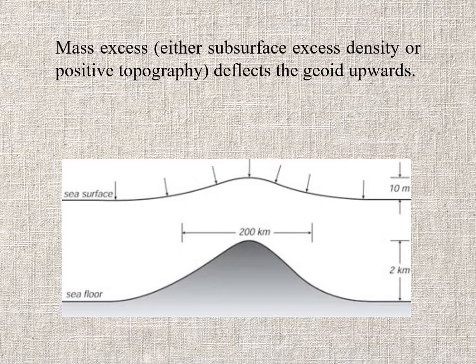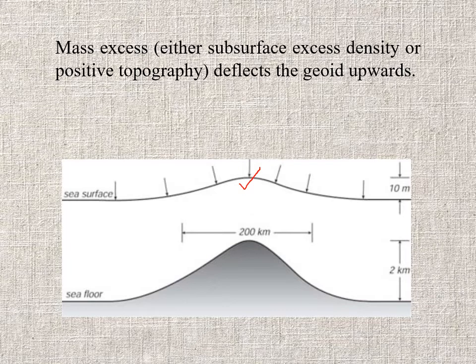So the total density of this area's rock column will be different than the adjacent areas. Due to the greater amount of mass and greater density over these areas, this area shows higher geoid value.